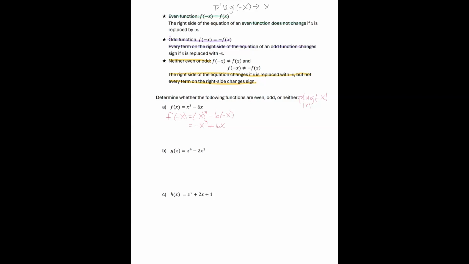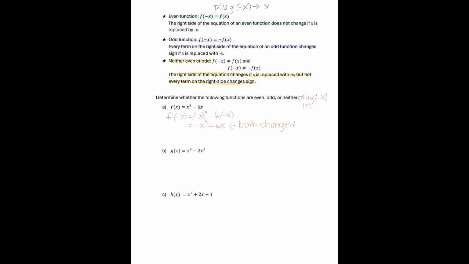Okay, so if we look here, both terms changed, right? So everything changed, right? That's what this says. Everything changed. So, orange. So here, both terms change. Okay.